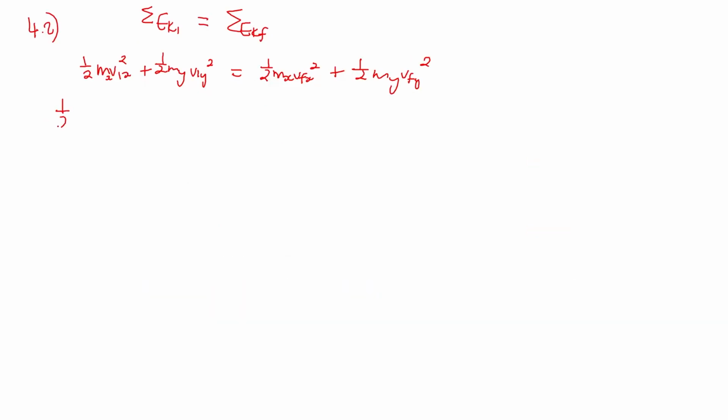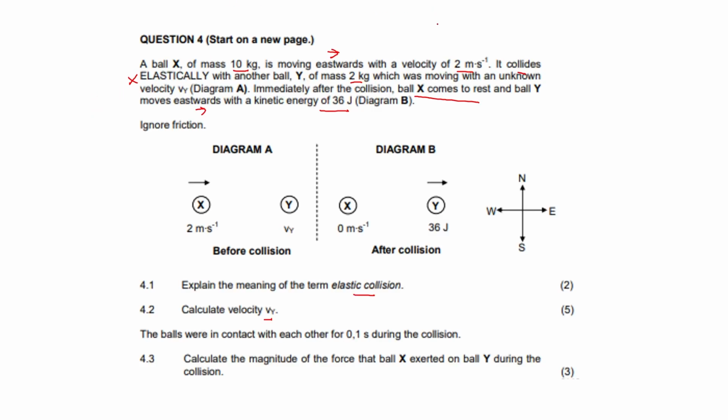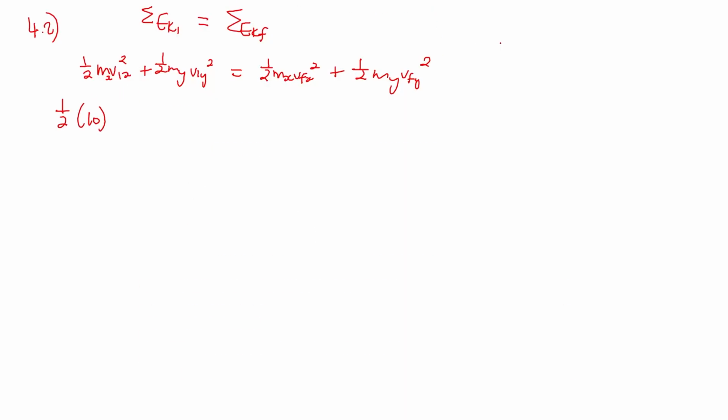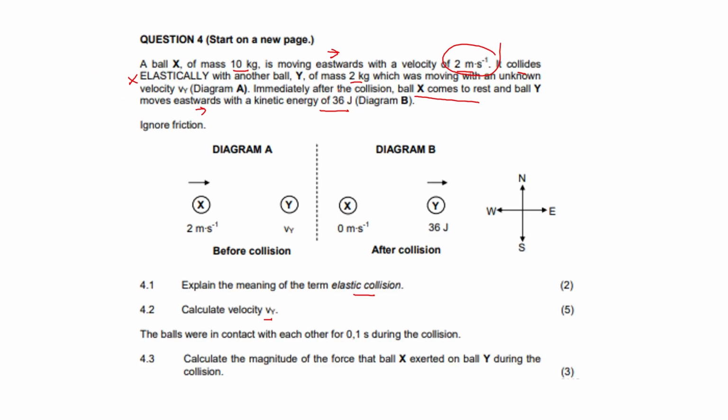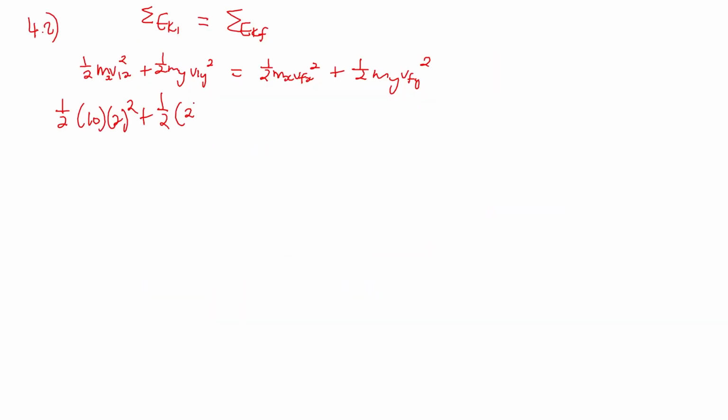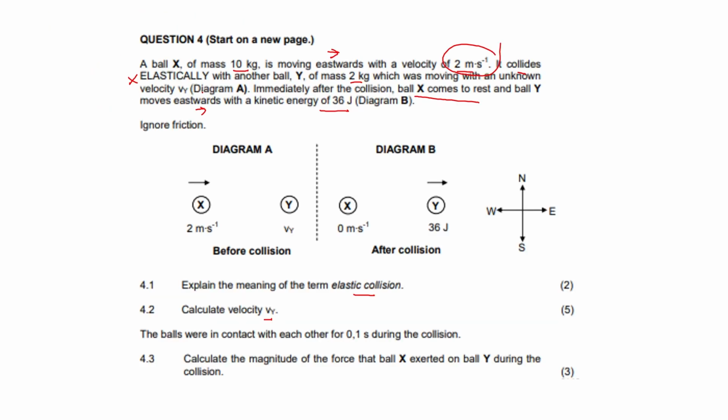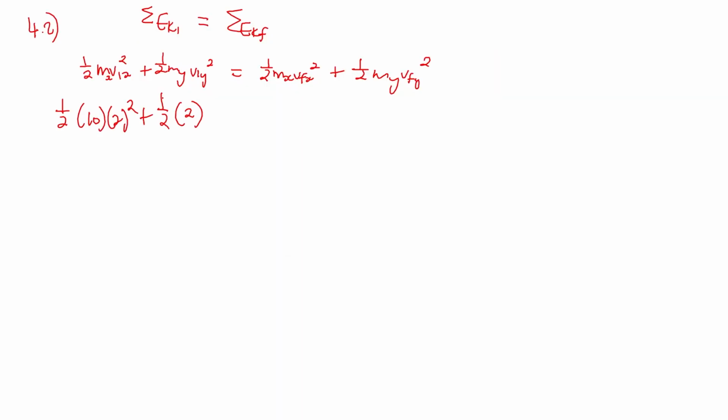The mass of ball X is 10. The initial velocity which was given is 2 meters per second, and I'm going to square that. Then my mass of Y has been given as 2 kg, and the initial velocity of Y was not known. Remember, it was moving with an unknown velocity. So that is the one that is unknown.